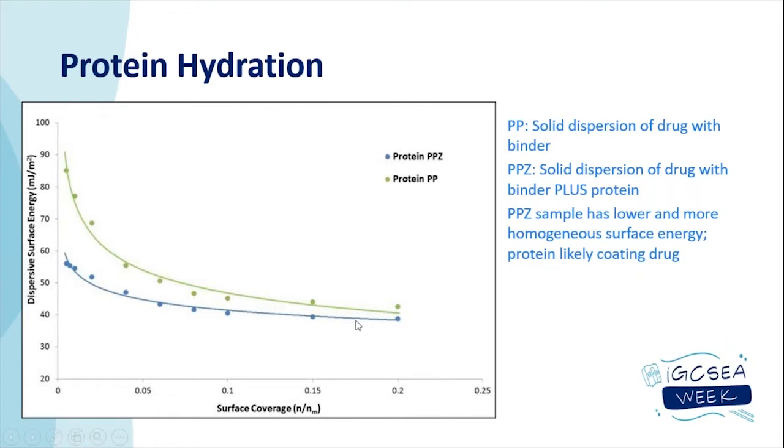So maybe this protein is coating some of it or covering some surface groups, and that could help stabilize the solid dispersion, because now the API or drug may not be exposed to water or other things like that. We can see that the protein is likely coating the drug, because the protein-added solid dispersion shows a much lower surface energy, which would suggest an increased stability for that material.